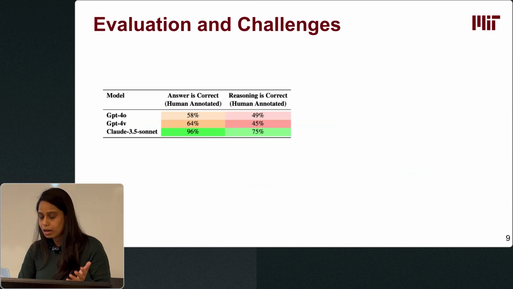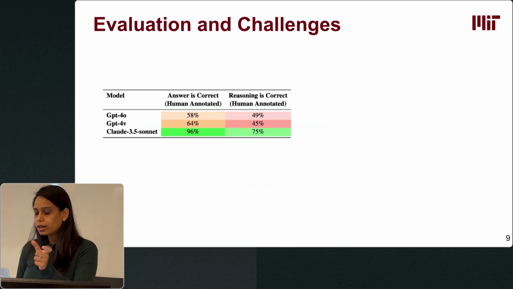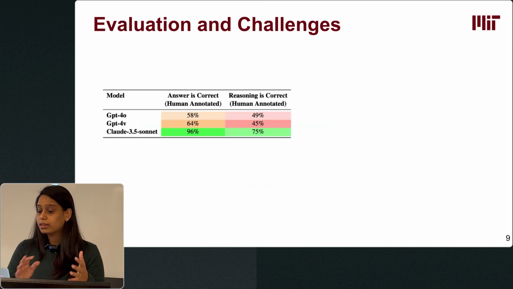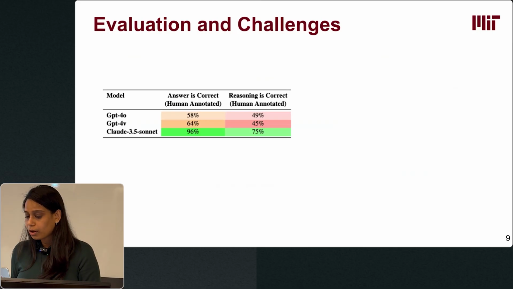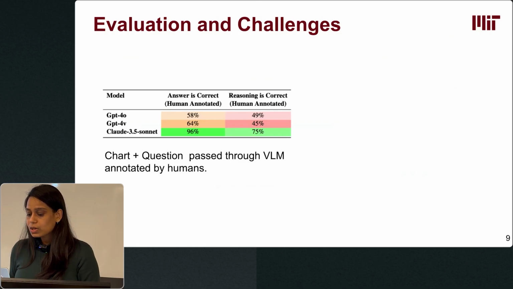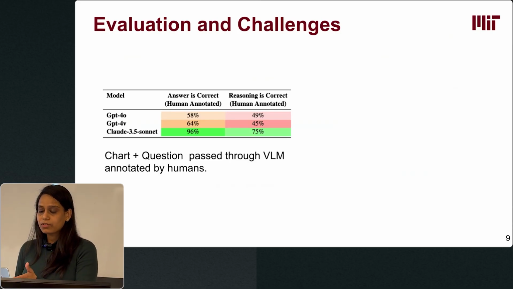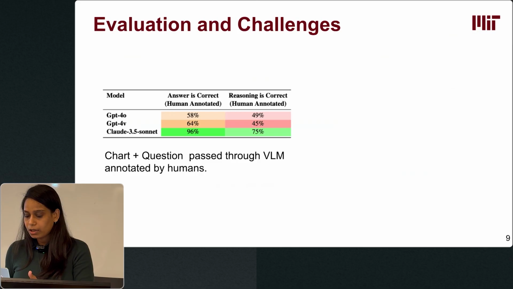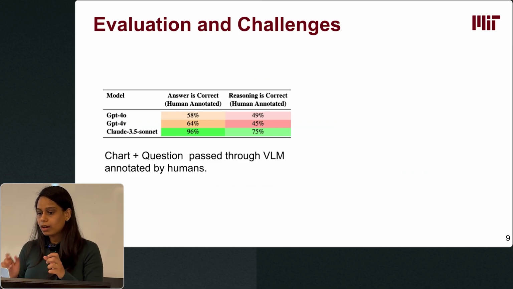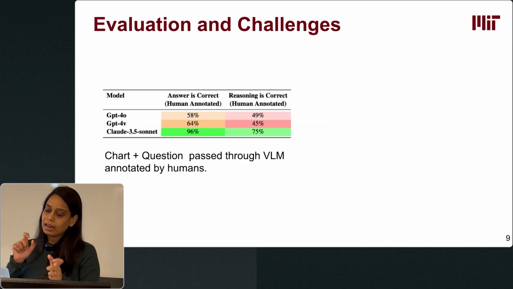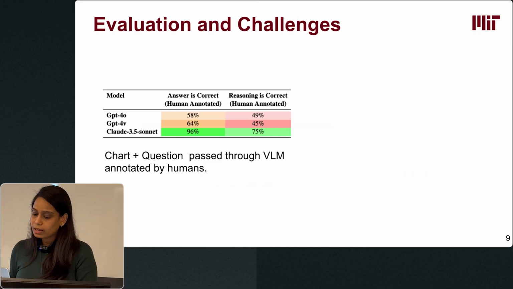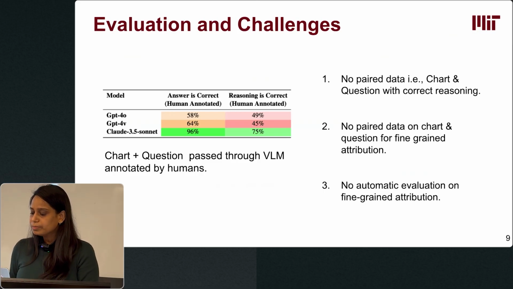This project is something that we explored in 2024. It started in 2024, so the results are back from a year. This could have improved a lot by now. So chart plus question passed through vision language models and then annotated by humans. We got these results, and we then went ahead and had Claude 3.5 Sonnet as our baseline.